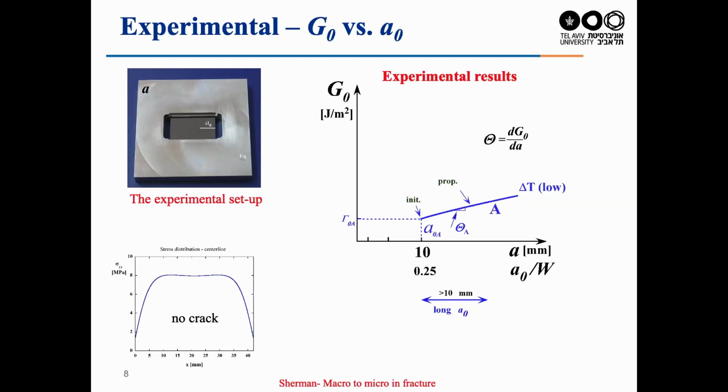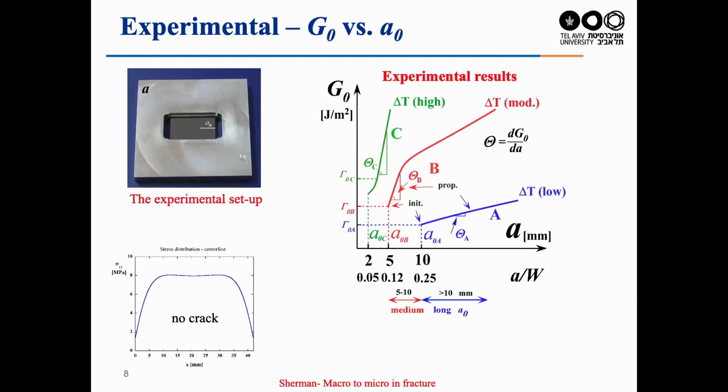Gamma naught is here. But if the initial crack length is shorter, then you have much higher energy to dissipate for the same delta A, and gamma naught increases. If you decrease more the pre-crack length, you have a huge energy to dissipate during the crack propagation of the same length, and gamma naught increases.